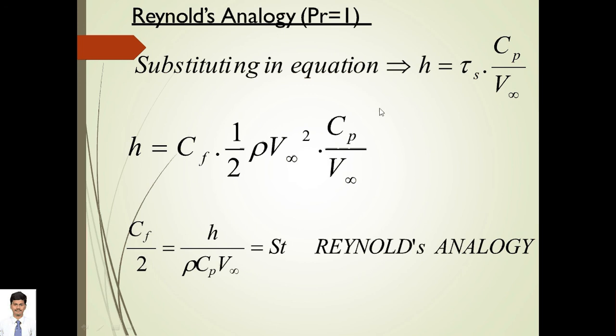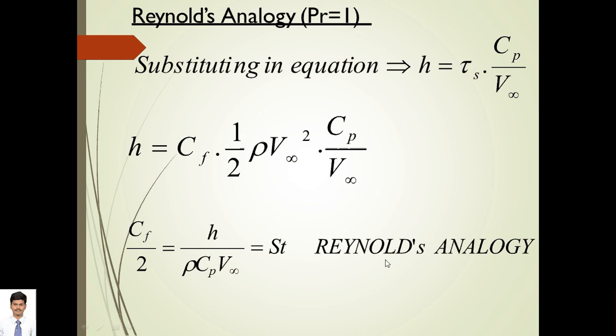Substituting in the equation, we will get h is equal to tau s Cp upon V infinity, and h is equal to Cf into 1 upon 2 rho V infinity square into Cp upon V infinity. That is Cf divided by 2 is equal to h upon rho Cp V infinity, that is nothing but Stanton number. So Stanton number is equal to Cf divided by 2.